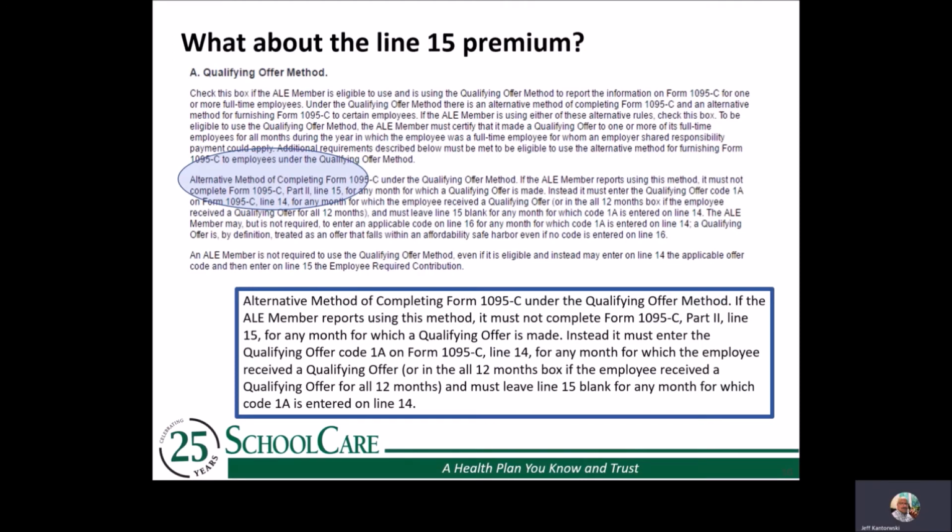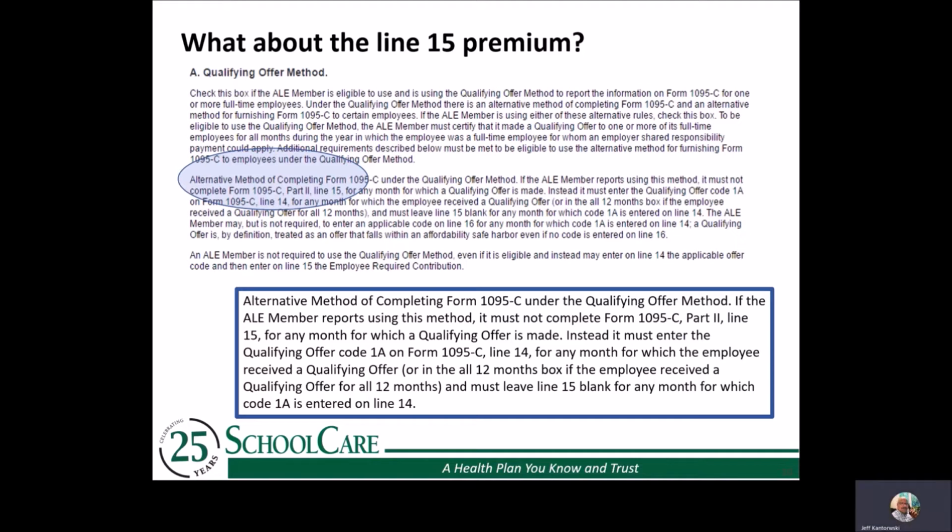Now let's talk specifically about line 15. In future examples, line 15 may contain the employee's cost share for the lowest cost plan offered. When using code 1A on line 14, however, line 15 is left blank due to the federal poverty line standard being met.